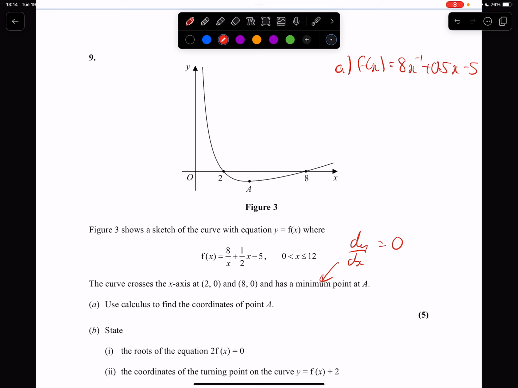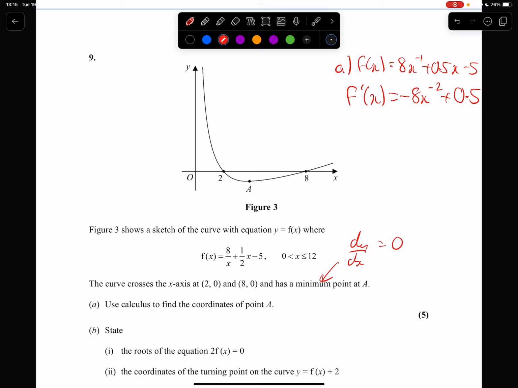In this one, if we're finding the minimum point, we need to work out f dashed of x, which is, we multiply by the minus 1 to get minus 8x, and lower the power to get to the negative 2. And then 0.5x differentiates to make just 0.5.